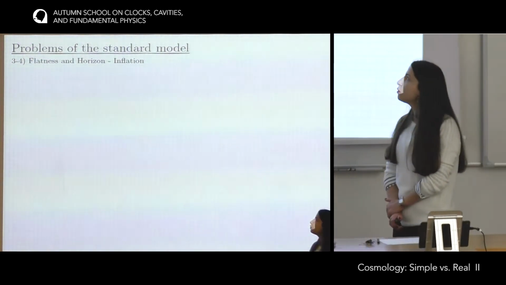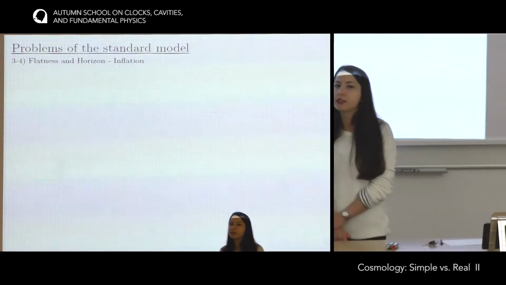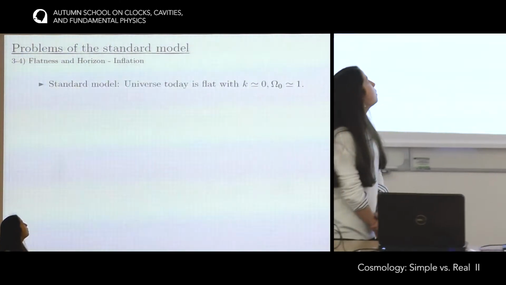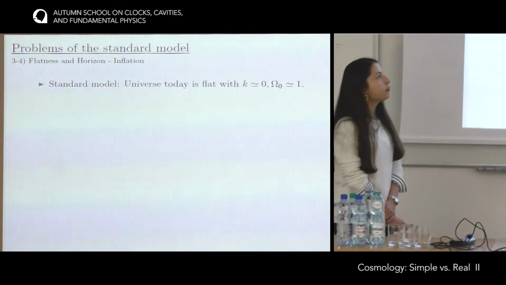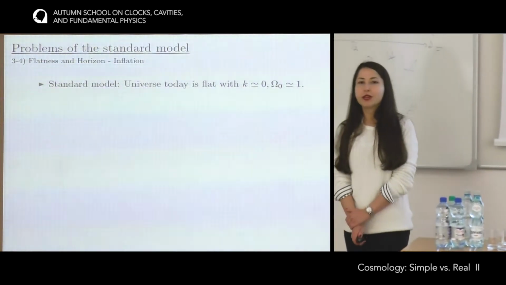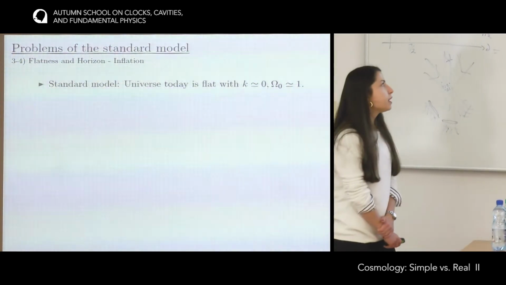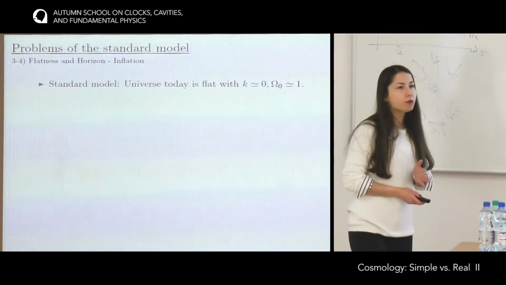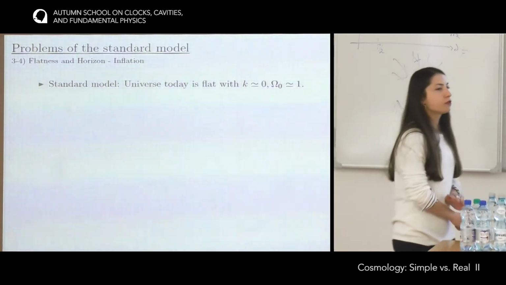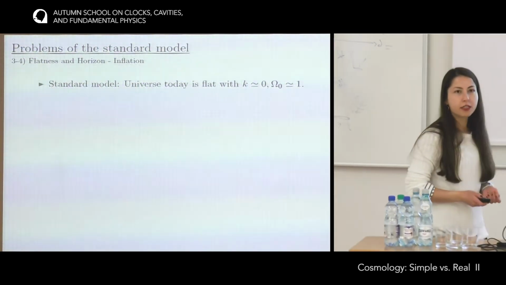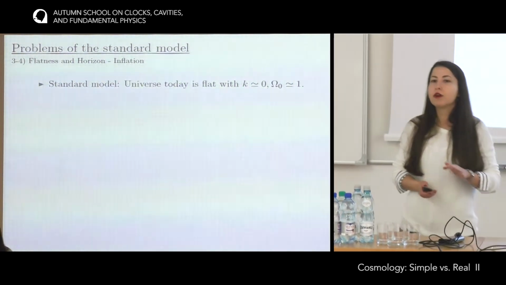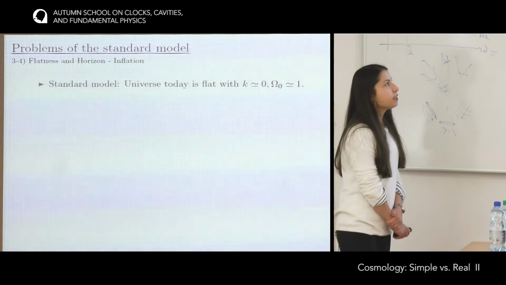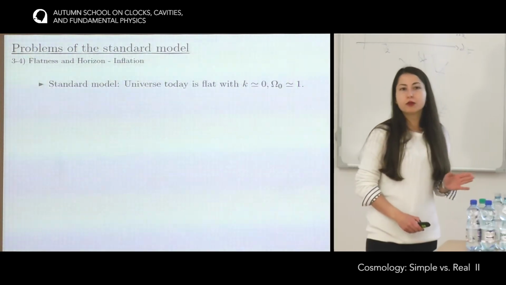The third problem has to do with the inflation phenomenon, and it brings the old flatness and horizon problems. The standard model, as I tried to explain yesterday, tells us that the spatial sections of the universe are almost flat, not exactly flat, and the energy density of the universe is almost close to the critical density. That is the value we have today.